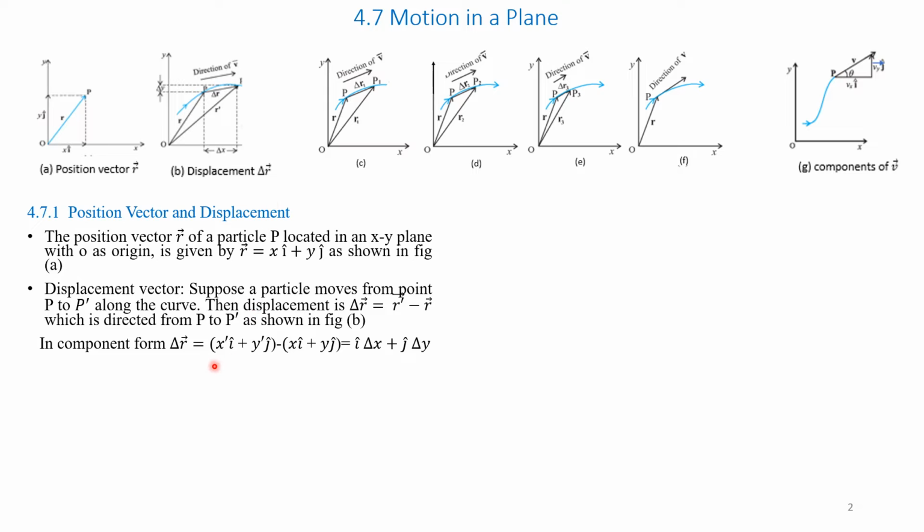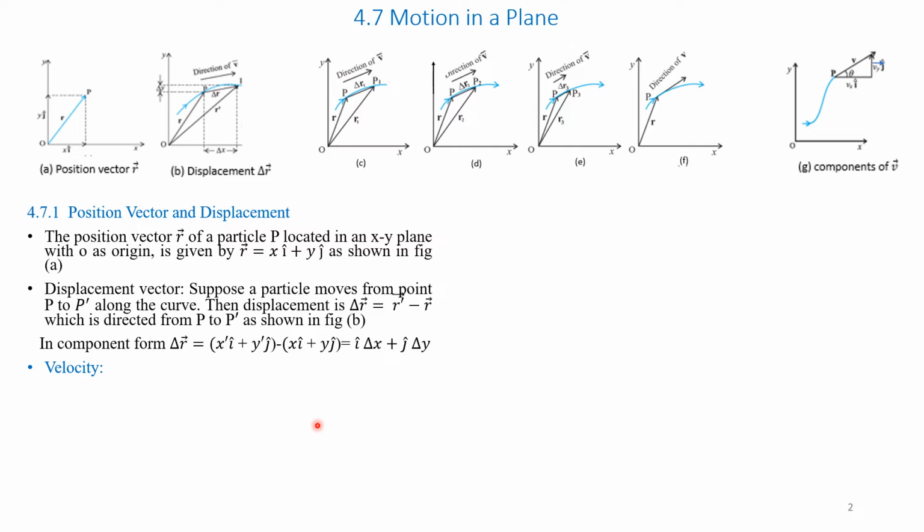In component form, delta r is written as x dash i plus y dash j minus xi plus yj. That is equal to i delta x plus j delta y. Delta x is the displacement in the x direction and delta y is the displacement in the y direction, and this is also shown in the displacement diagram B.